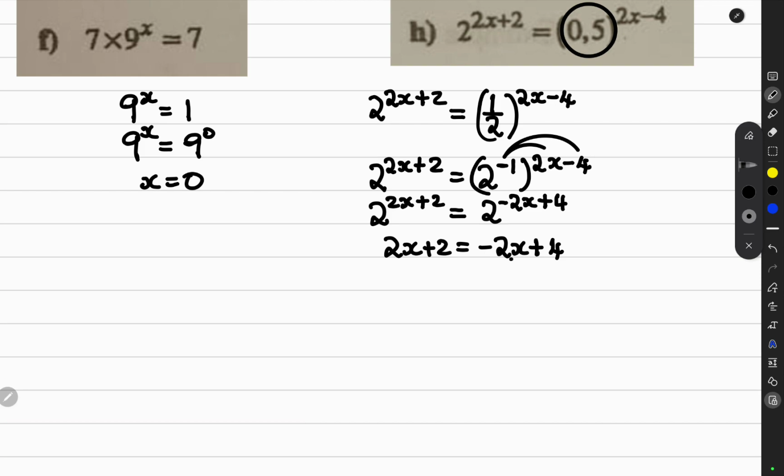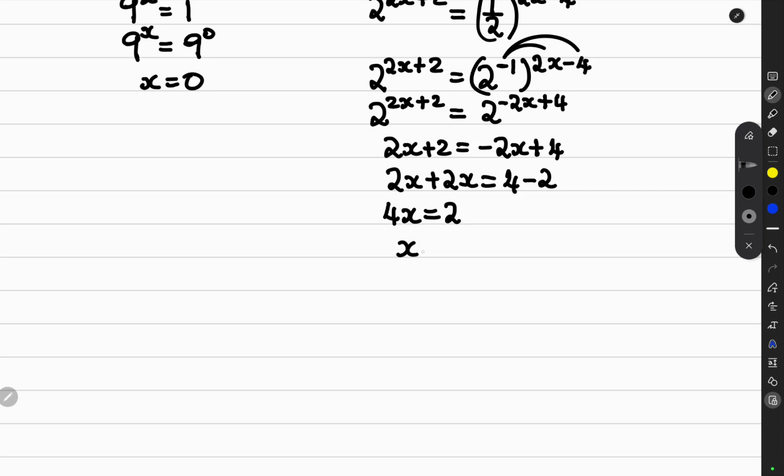Then you'll have to transpose negative 2x onto the left to have x plus 2x, and take 2 onto the right, so you have 4 minus 2. All in all we're going to get 3x equals 2, and at last this will be a half.